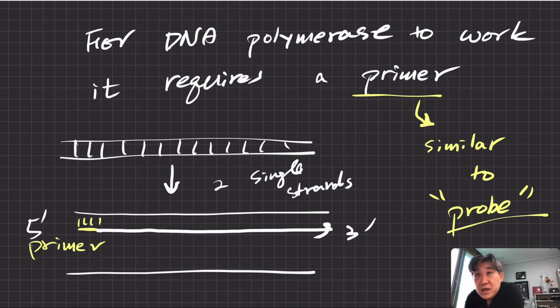And since DNA double strand arrangement is always anti-parallel, the original target DNA orientation is like this. This one is a 5 prime and this one is a 3 prime, and they are complementary.